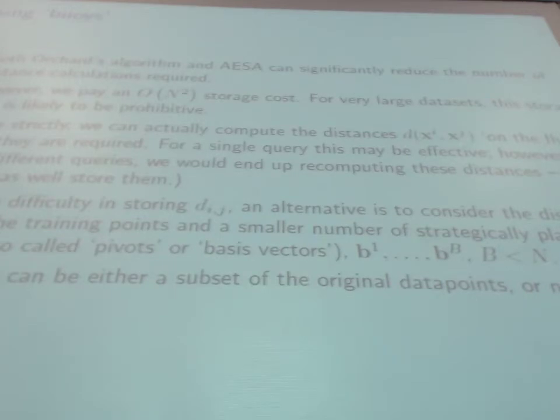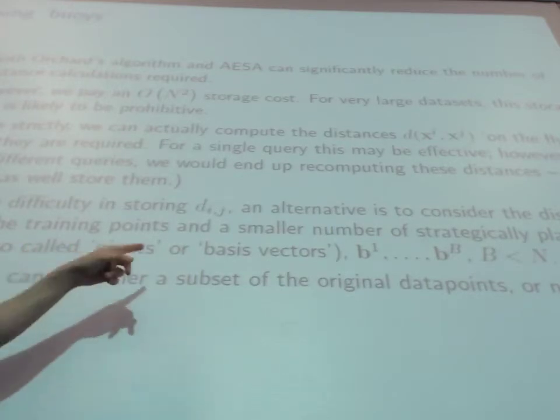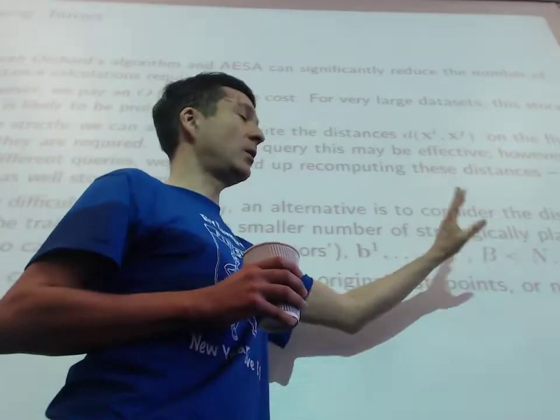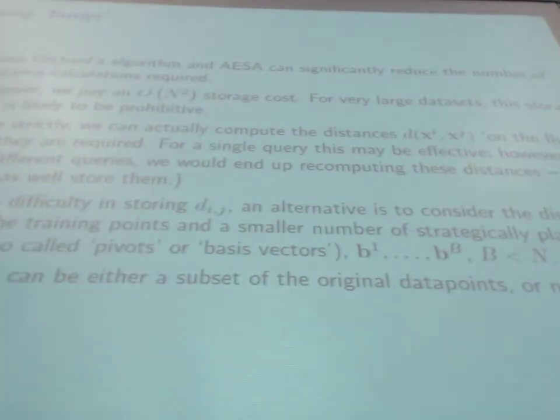These buoys are some vectors, and there are a small number of them. You are free to choose these points. They could be data points from the original data set, or they could be points that you like for some reason. You're free to choose them in any way that you like.